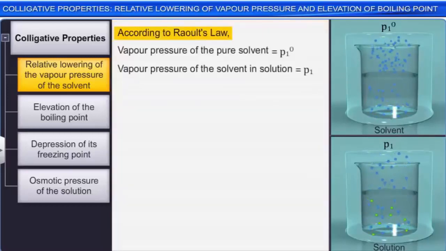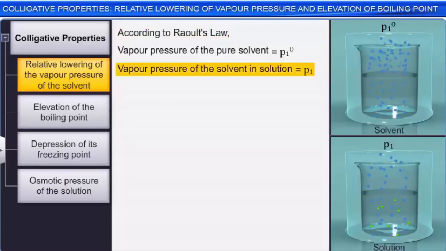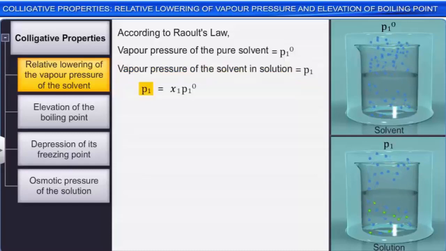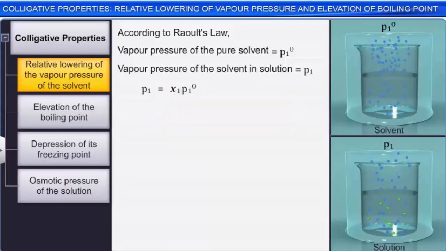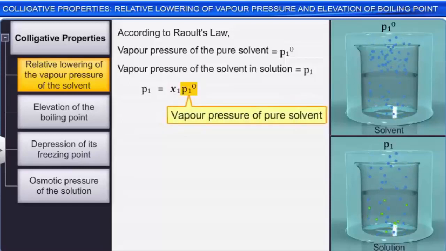According to Raoult's law, the vapor pressure of a solvent, P1, in a solution containing a non-volatile solute is given by P1 is equal to X1 multiplied by P1 naught, where X1 is the mole fraction of the solvent and P1 naught is the vapor pressure of pure solvent.